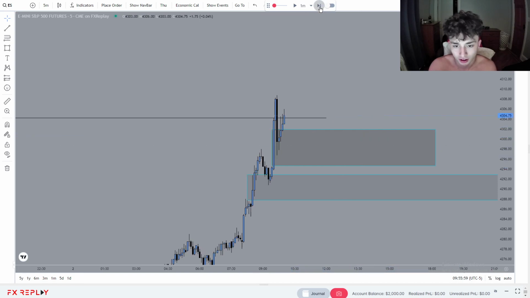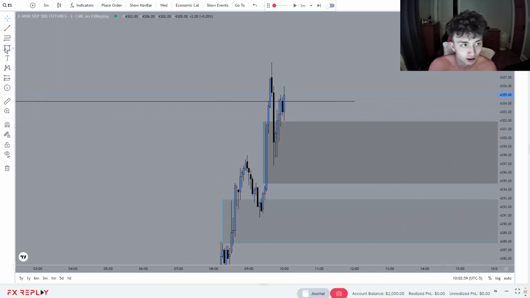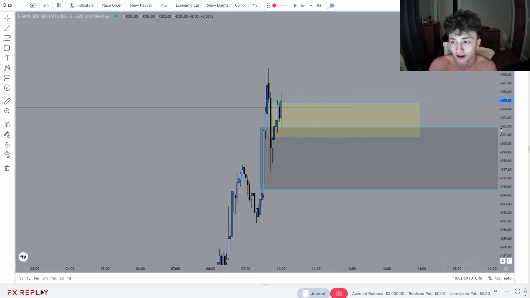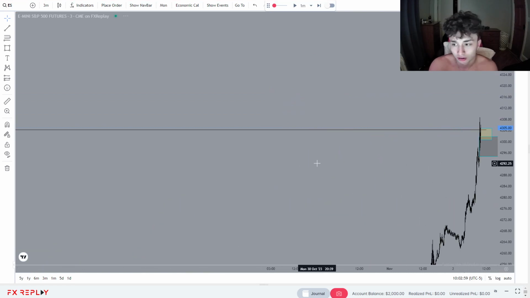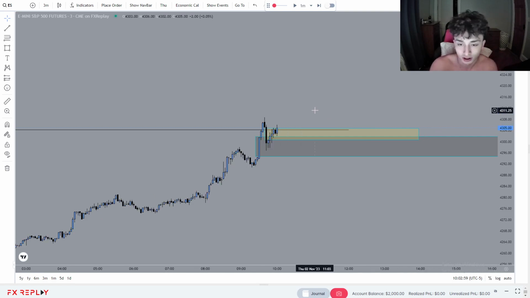I already don't like this session because we had such an early liquidity sweep. I switched to the 1 minute so I could see a fair value gap tap in, and I want to look for an inversion, and it already inversed it. So the reason I don't want to take this entry is because we just got a liquidity sweep, but this is a completely valid entry. There's nothing wrong with this entry at all.